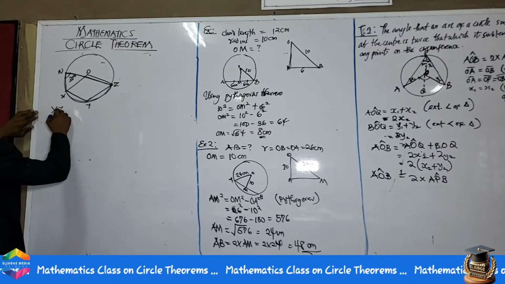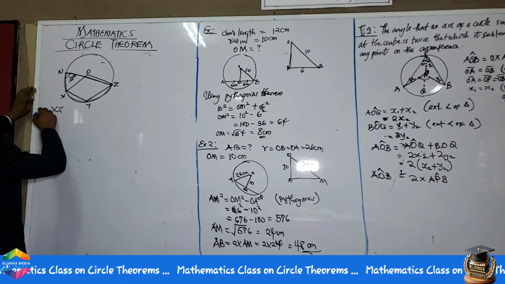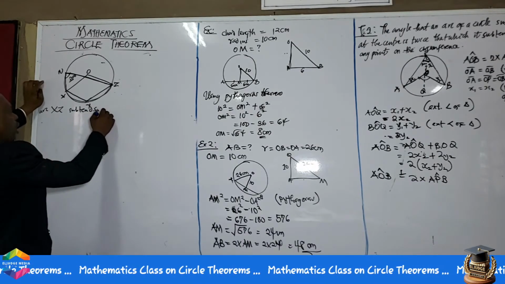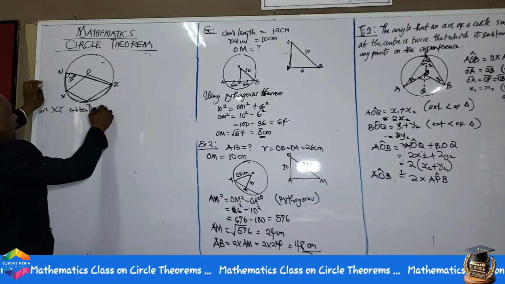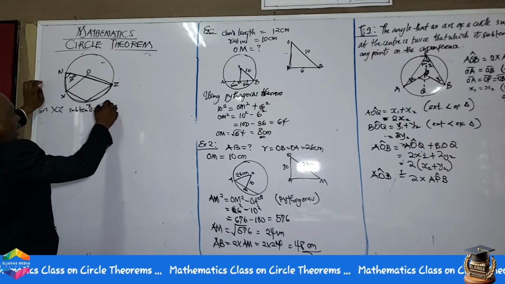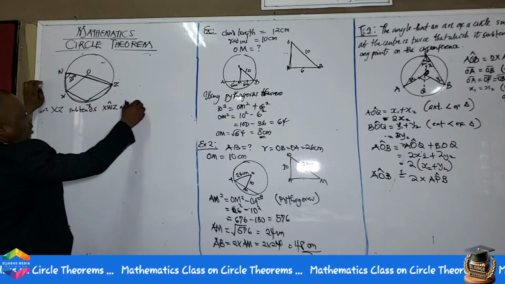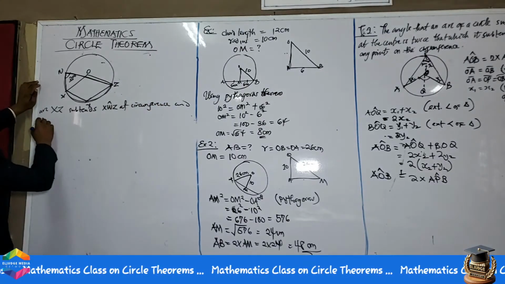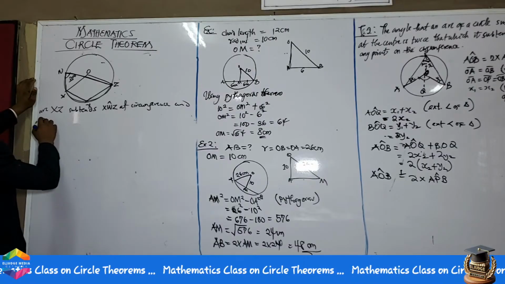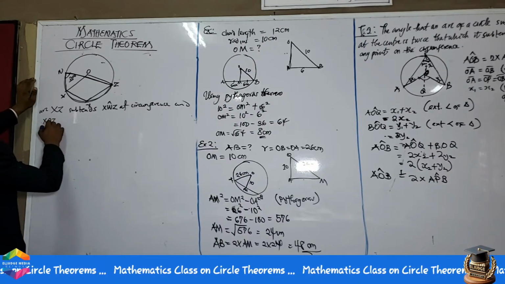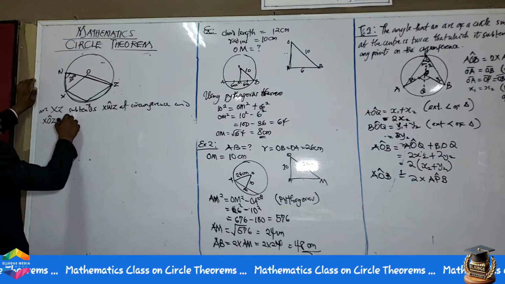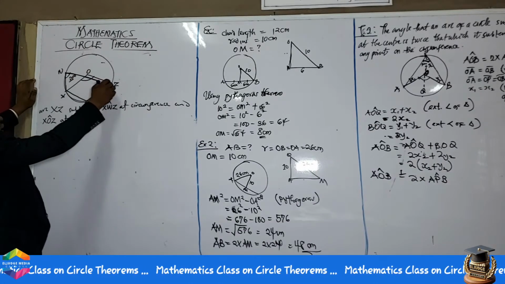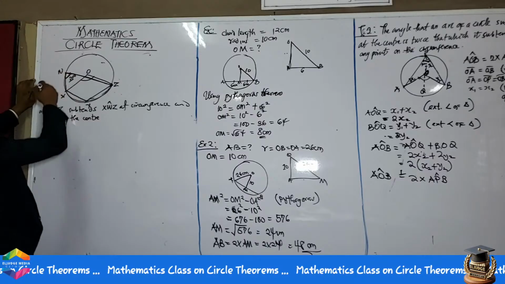So arc XZ subtends angle XWZ at the circumference, and angle XOZ at the center. You can see, this angle corresponds with this.